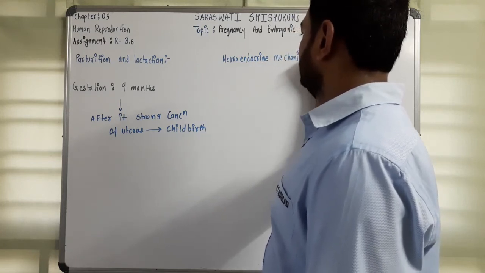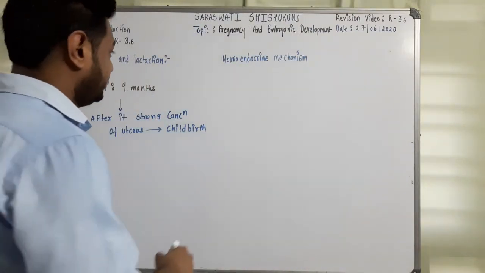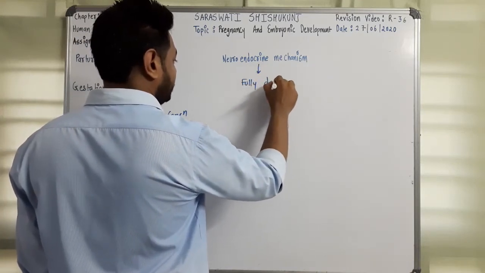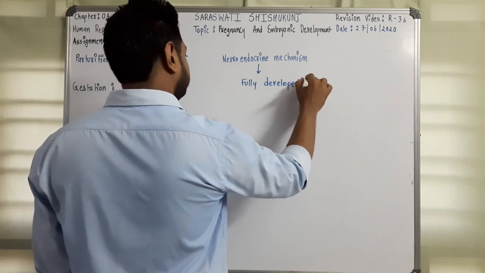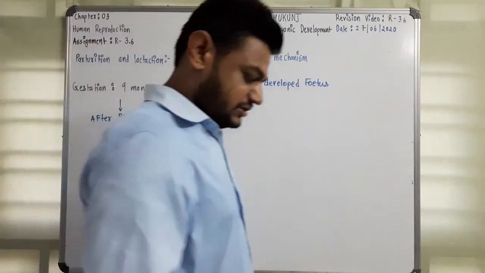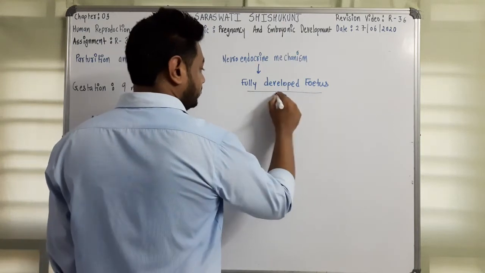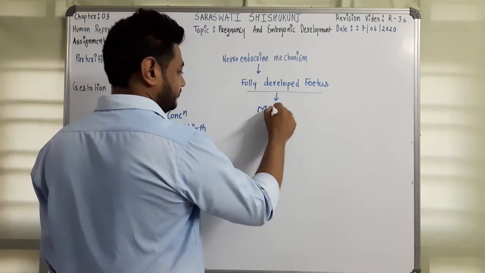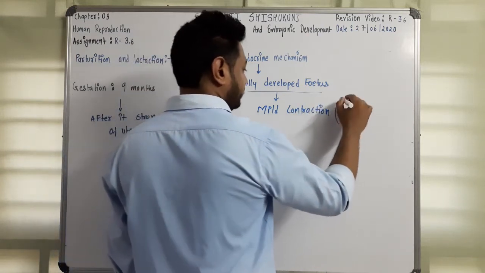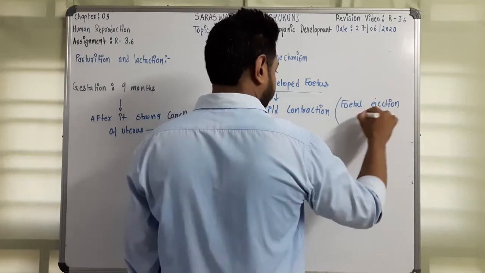Okay students, this mechanism states that the fully developed fetus in the mother's womb results in mild contraction, which is called the fetal ejection reflex.